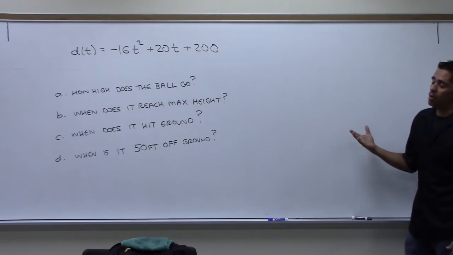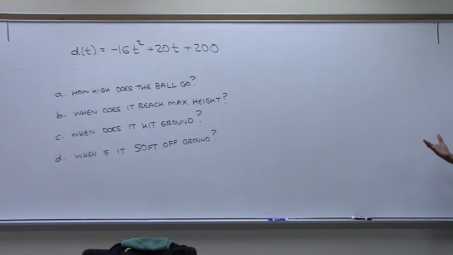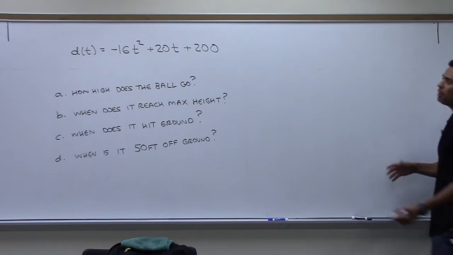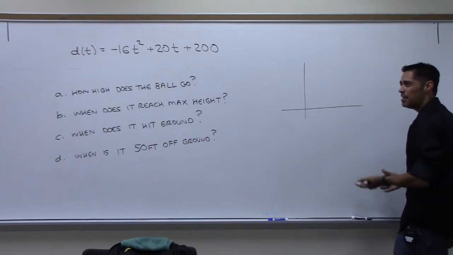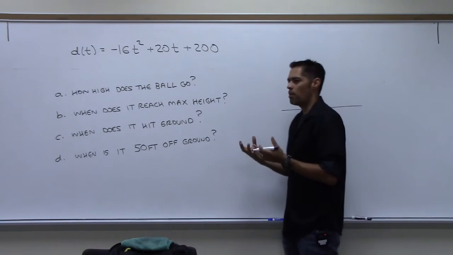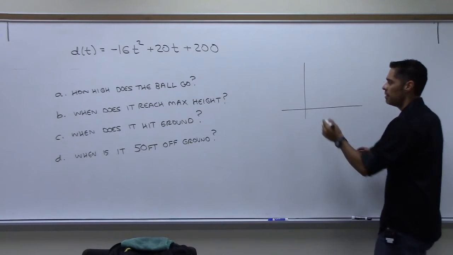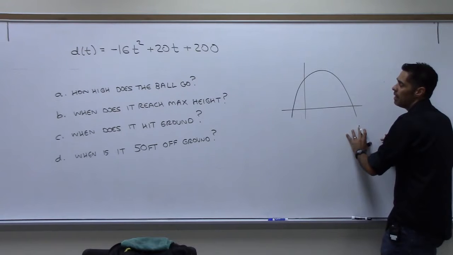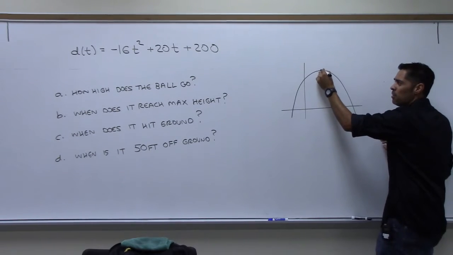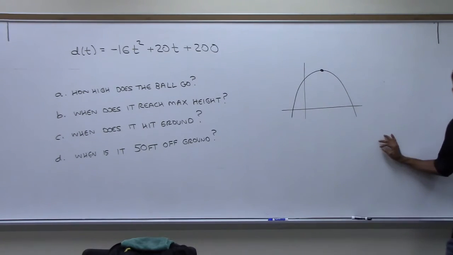Which way does this parabola open? Down, right? So I know if I draw this, it's going to open down. Because of the way the word problem is phrased, if this thing opens down like this, then this point's really important, isn't it?